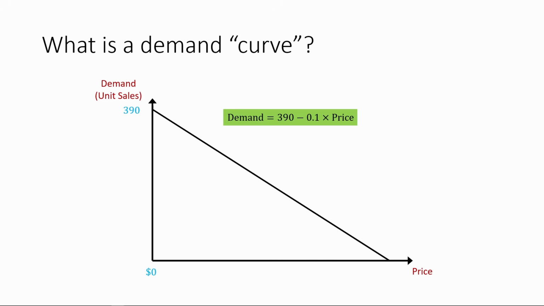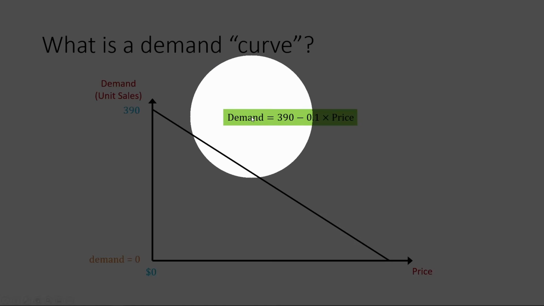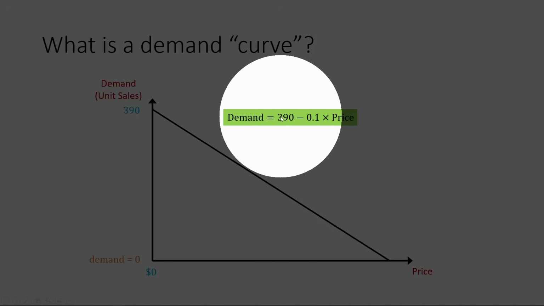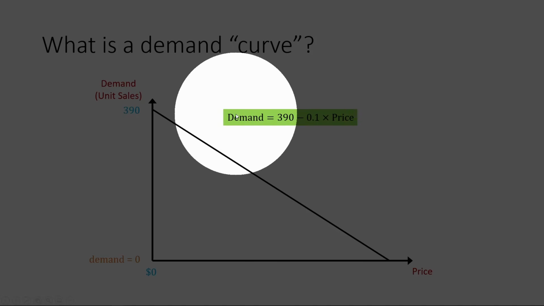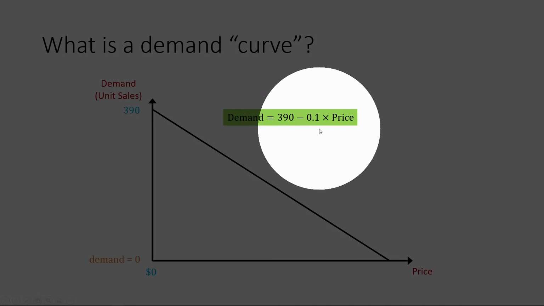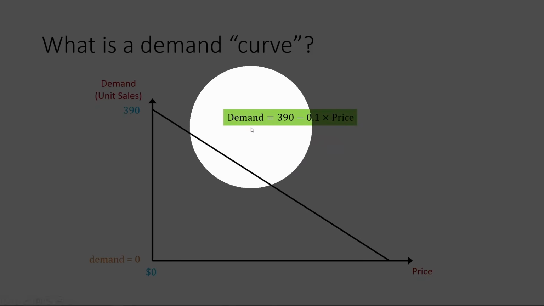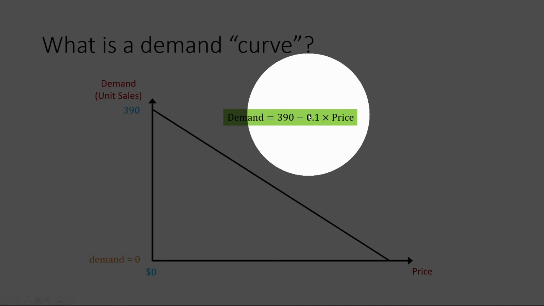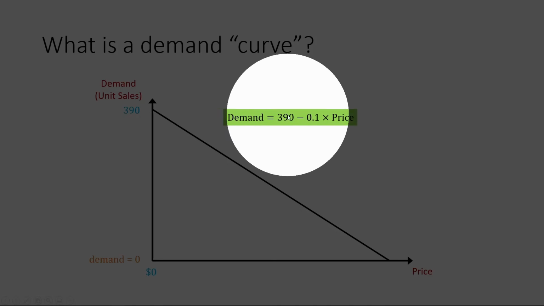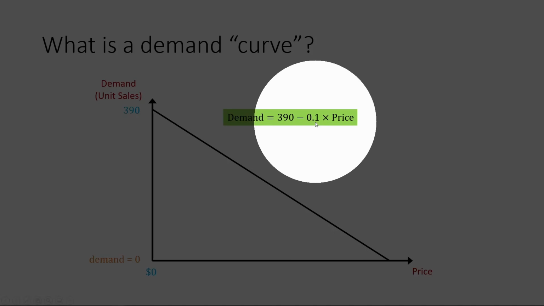On the other hand, what if the demand is 0? When the demand is 0, we have 0 equals 390 minus 0.1 times price. So the price level that leads to 0 demand should be 3,900. 3,900 times 0.1 is 390, and 390 minus 390 is 0.